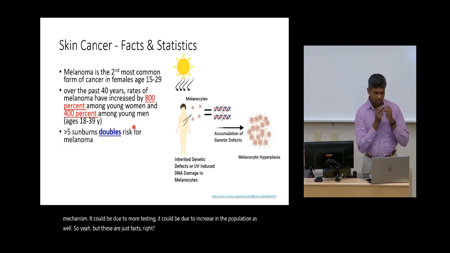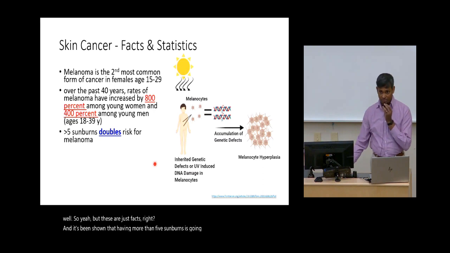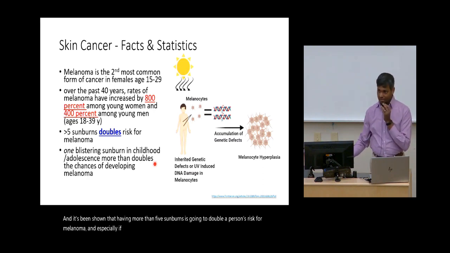And it's been shown that having more than 5 sunburns is going to double a person's risk for melanoma, and especially if this sunburn happens during childhood or adolescence, it's going to more than double the risk for developing melanoma.